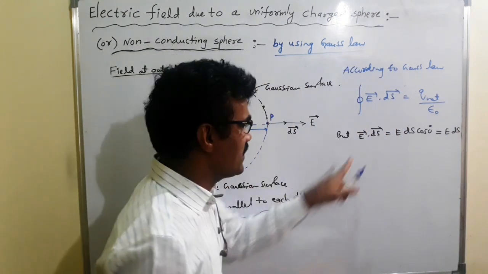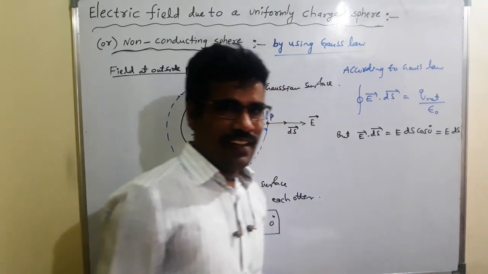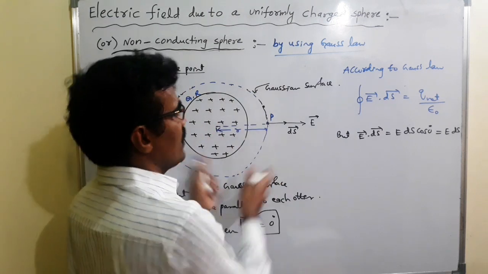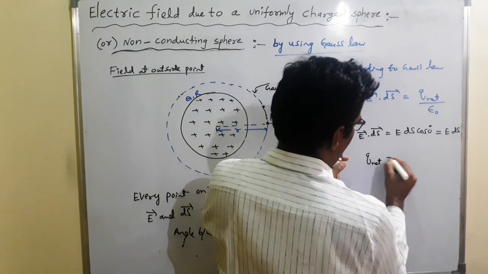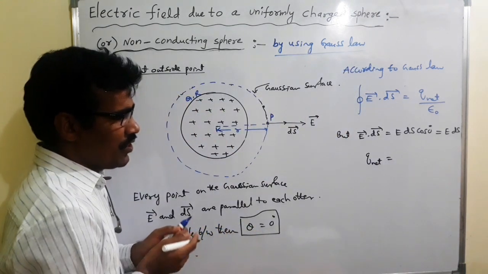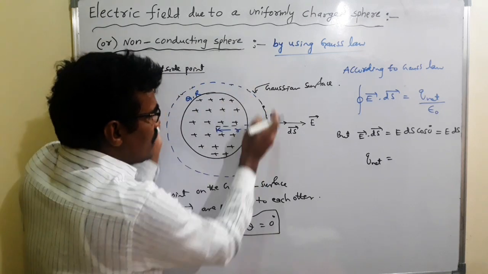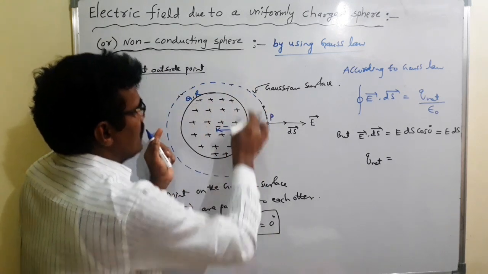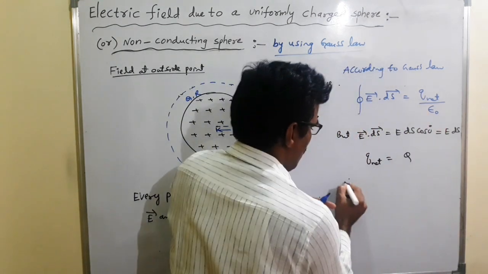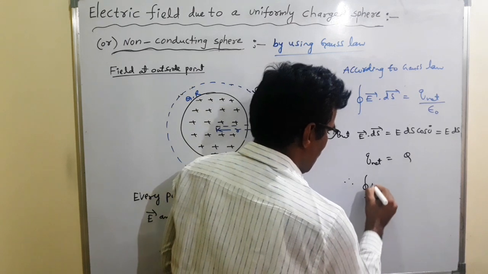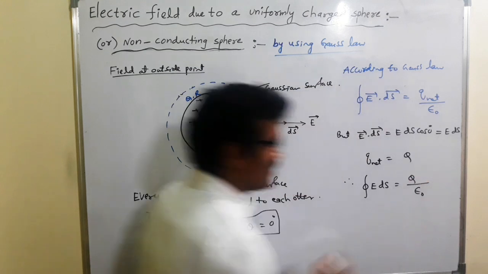At all points, E bar dot ds bar is E ds. E is constant on the Gaussian surface. Q net is the net charge enclosed in the Gaussian surface. What is the net charge enclosed? Total charge distributed, that is Q. Substituting, integration E ds is equal to Q by epsilon naught.